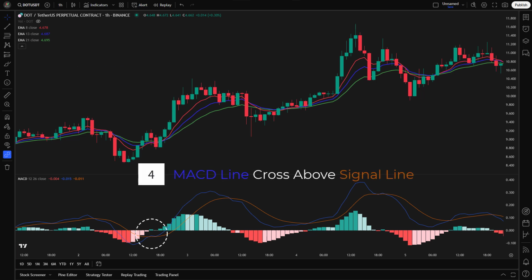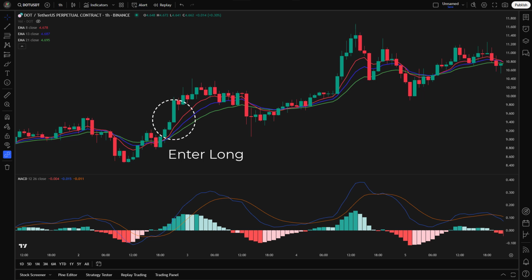MACD line crosses above the signal line, confirms increasing bullish momentum. Once all conditions are met, we enter a long trade on the next candle.